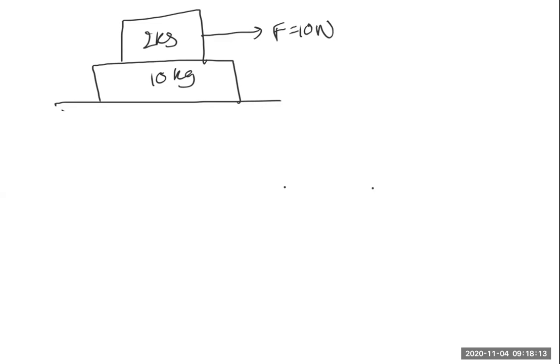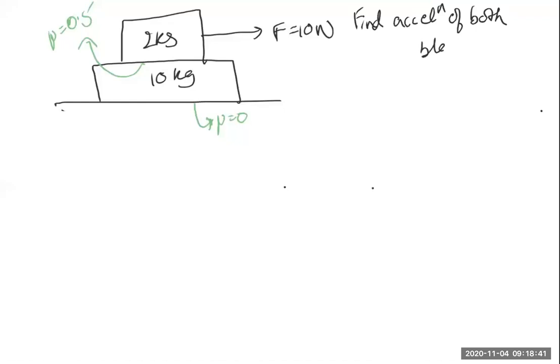And यहाँ पे म्यू का वैल्यू 0 है, यहाँ पे म्यू का वैल्यू 0.5 है. And the question says that find acceleration of both the blocks.